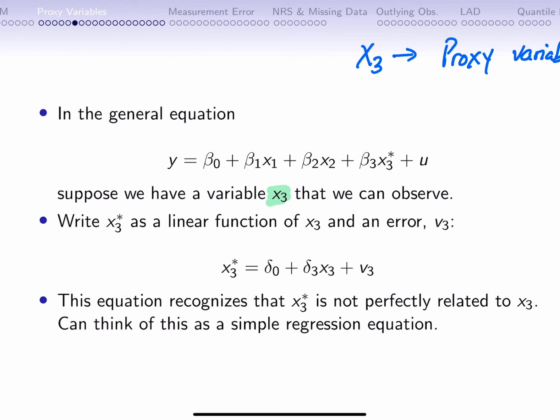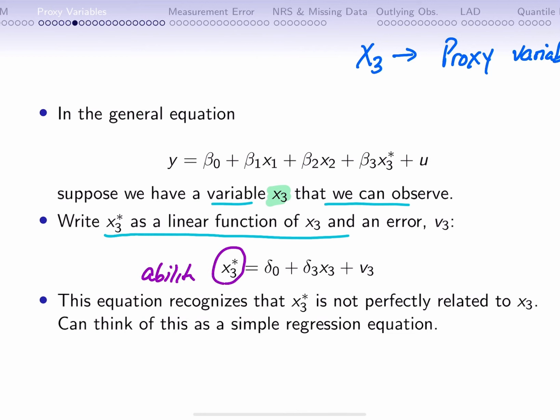Now, the variable x3 that we can observe should be some sort of a linear function of x3 star. I'm sorry, the x3 star should be a linear function of x3. So x3 star is unobserved. Let's say this is ability, and x3 is observed, which is something like IQ.